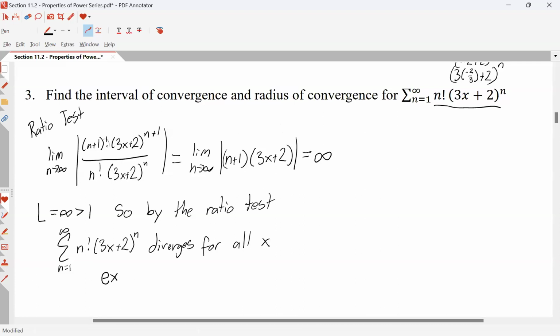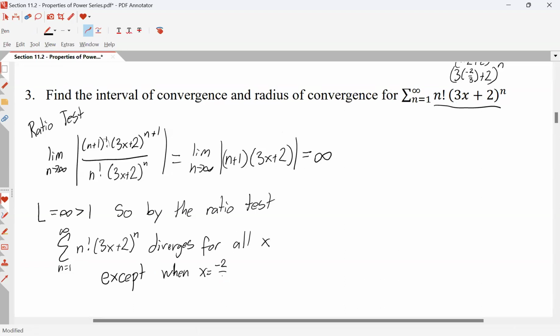So it diverges for all x except when x equals negative 2/3. X equals negative 2/3 is actually the center of this series. It's what makes this term to the n 0.